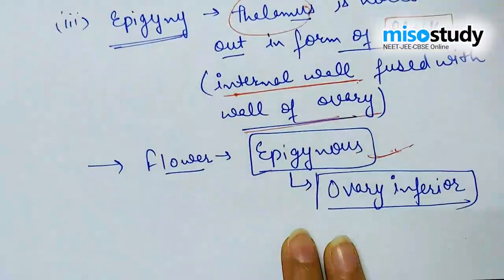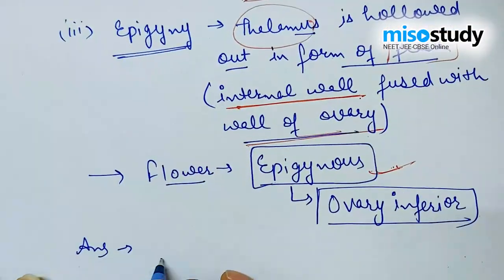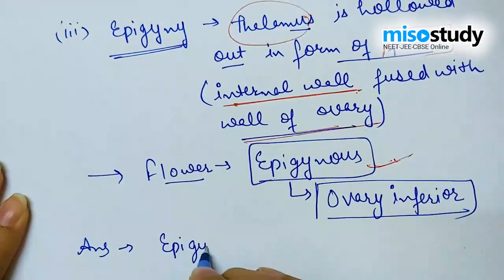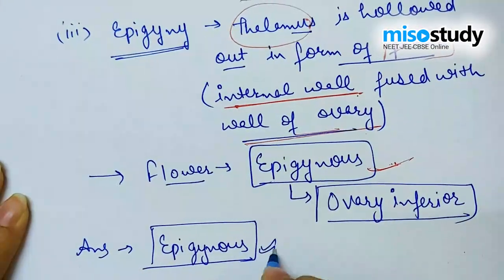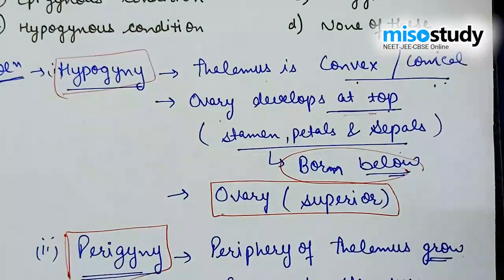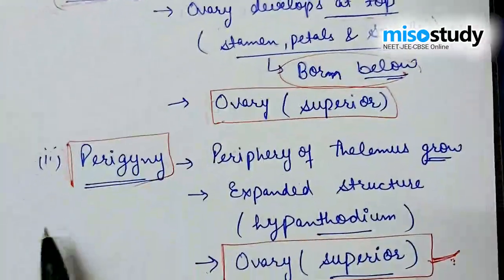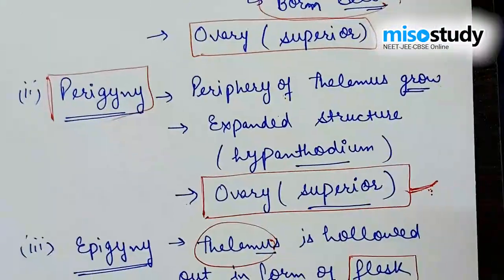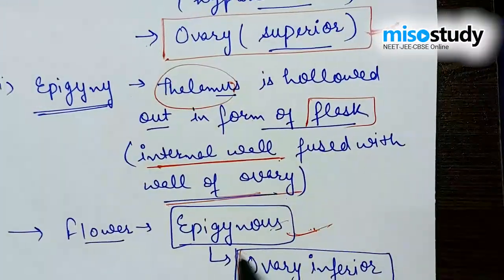And the right answer after the discussion is epigynous. We discussed the various conditions. First, in hypogyny, the ovary is superior. In perigyny, the ovary also acts as superior. But in epigyny only, the ovary acts as inferior.